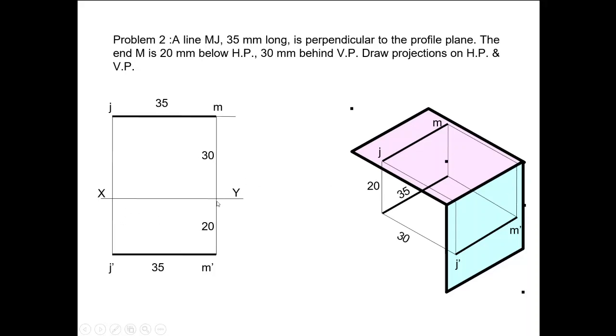Take 20 mm distance from the XY line, and J dash M dash will be the front view below the XY line. And how much will the top view be? At a distance of 30 from the XY, right? Take 30 distance from the XY, and JM of length 35 mm is the top view. Clear?